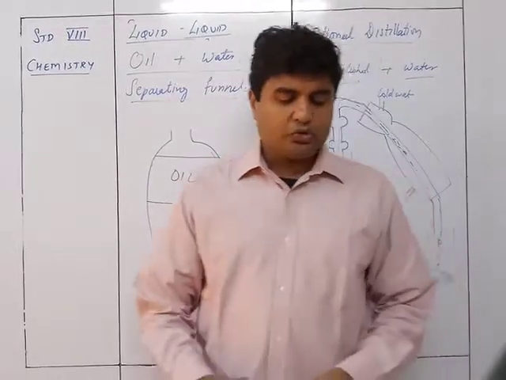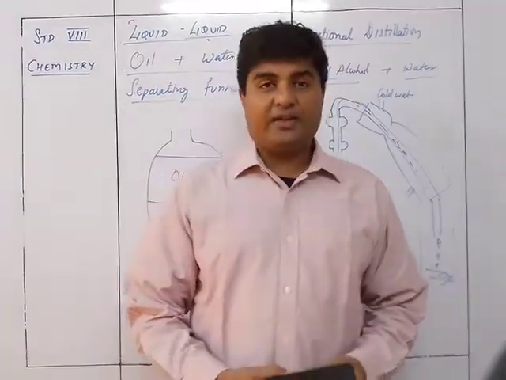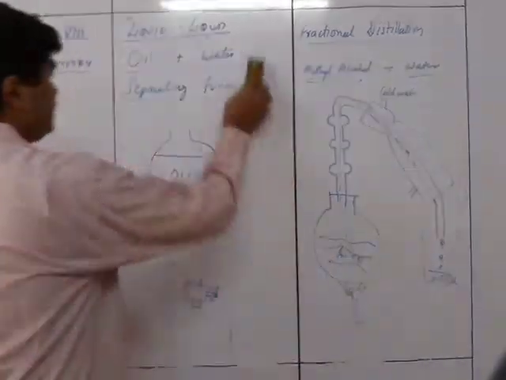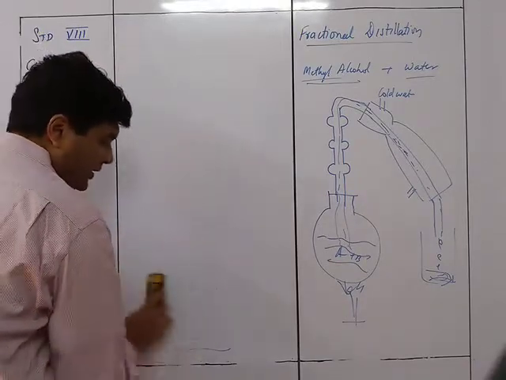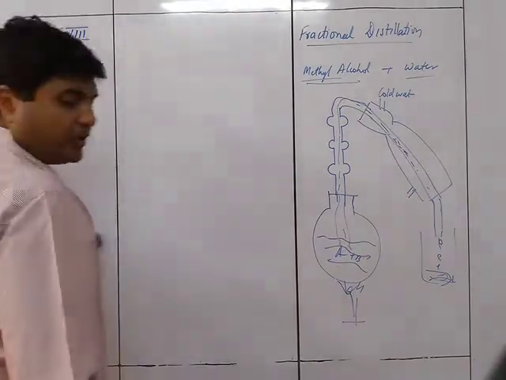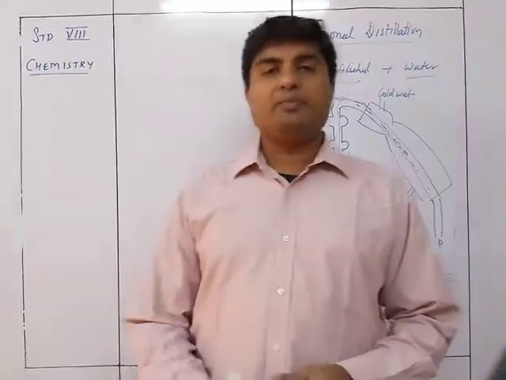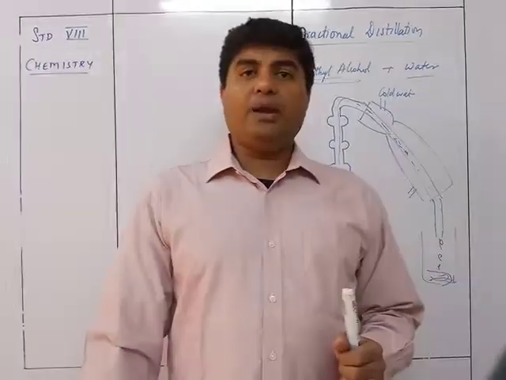Now we see two small things over here, called chromatography and centrifugation. These are for complex kinds of mixtures. Chromatography is going to be used to find out, see, normally a particular ink is made by a combination.